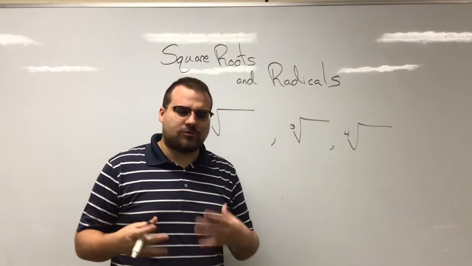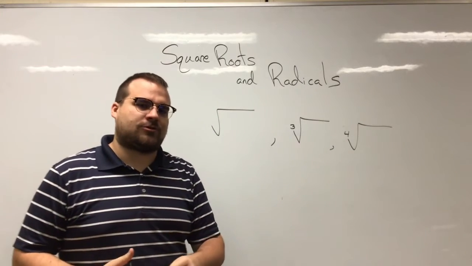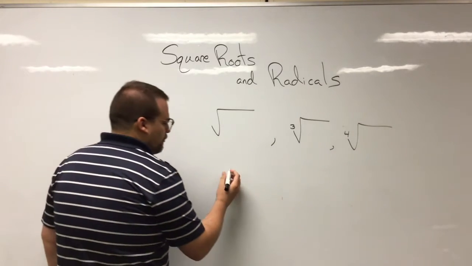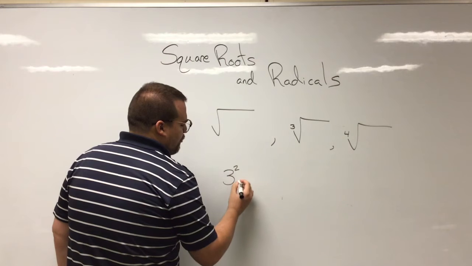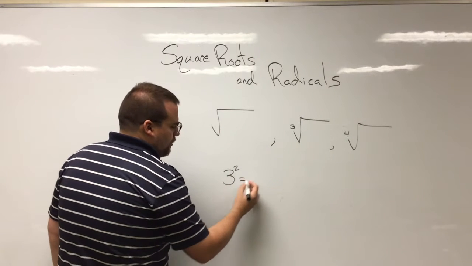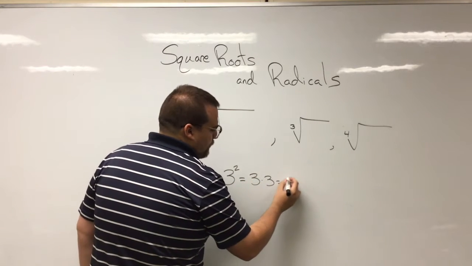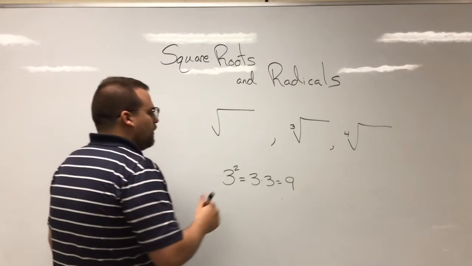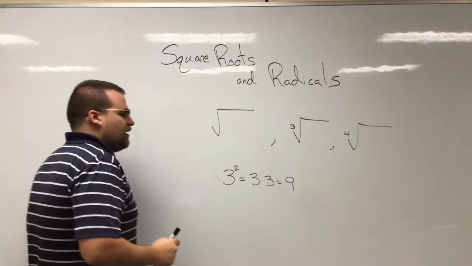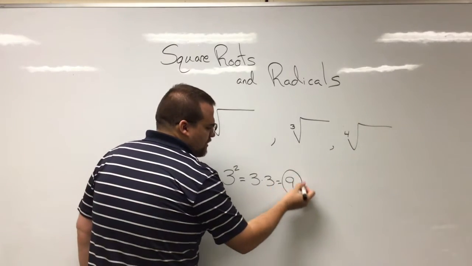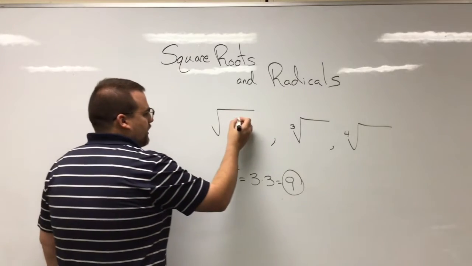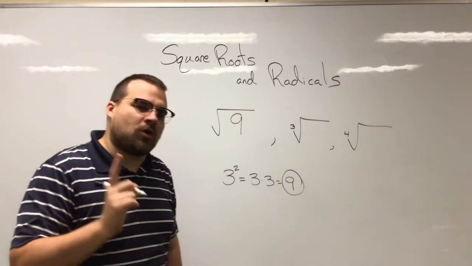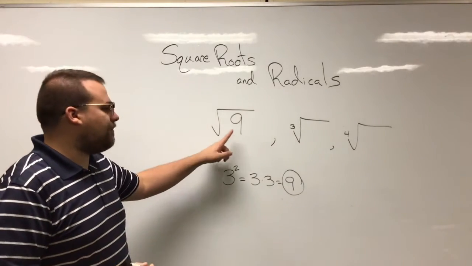Well, radicals and roots are very directly linked to exponents. So I'm gonna just mention that real quick. If we say something like 3 squared, we know that means 3 times 3, or 9, right? That's pretty straightforward. What a square root does is it takes this number at the end, say the square root of 9, and it asks us what number times itself would make that.